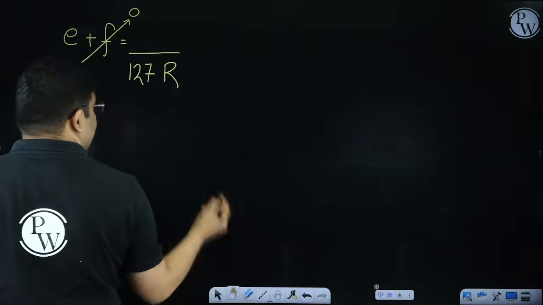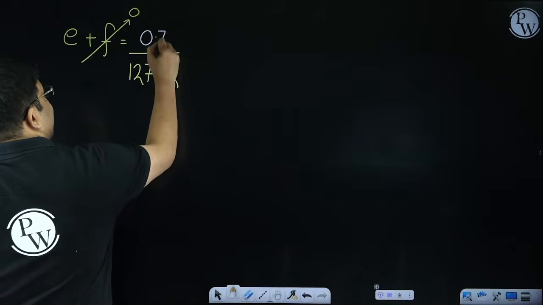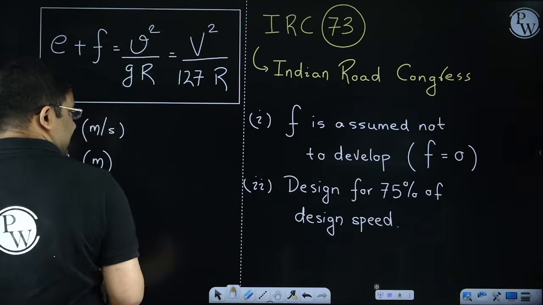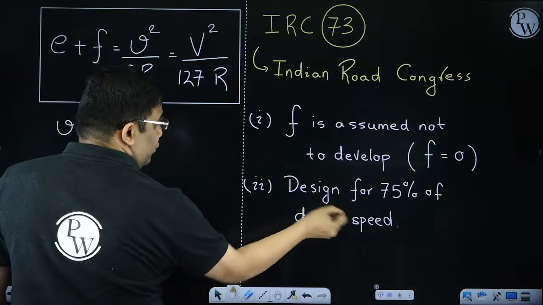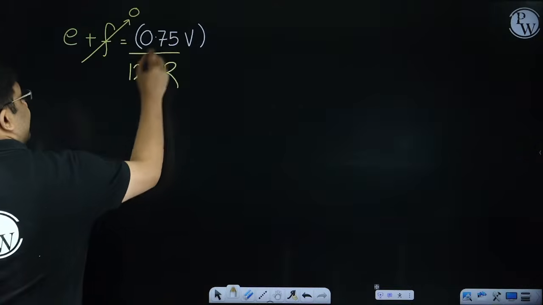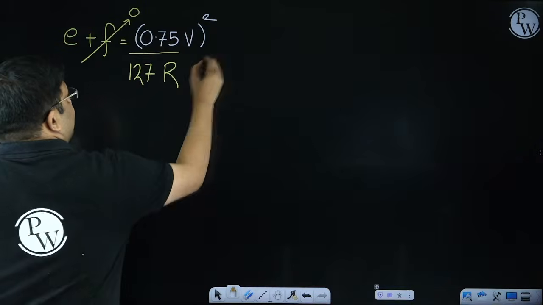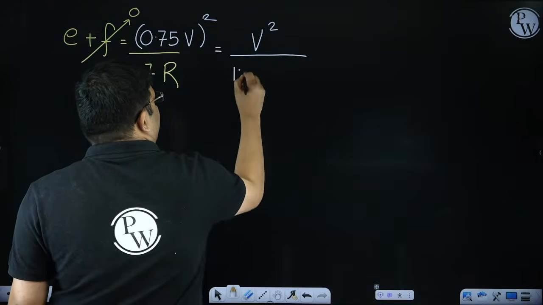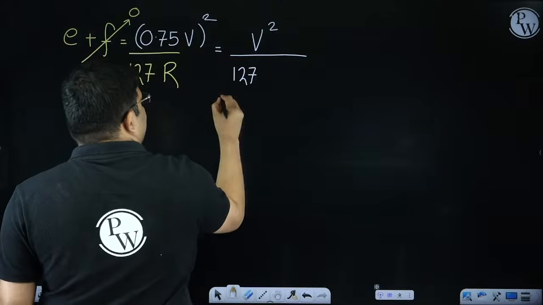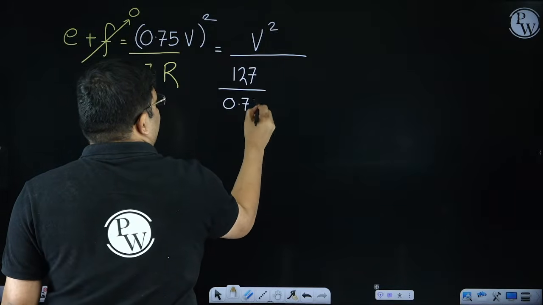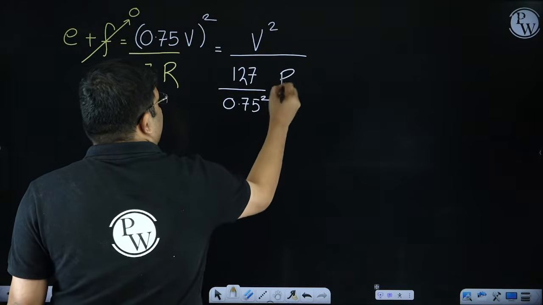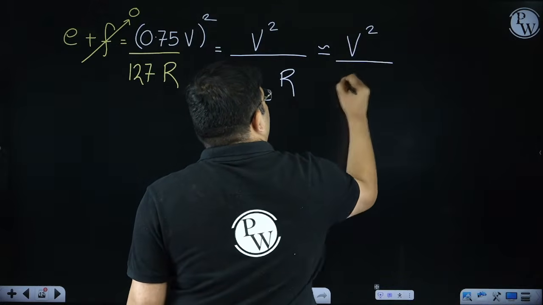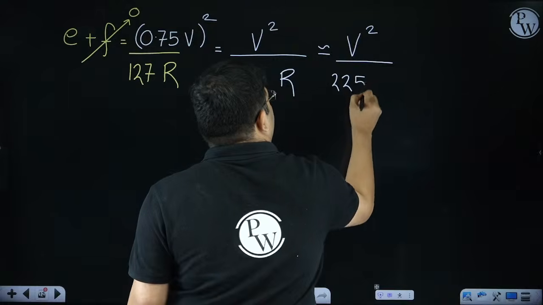75% means 0.75, or I can say 3/4 of the design speed. So 0.75 V square, this equation will change to V square by 127, and then this 0.75 square will go down with R. So this equation becomes approximately equal to V square by 225R.